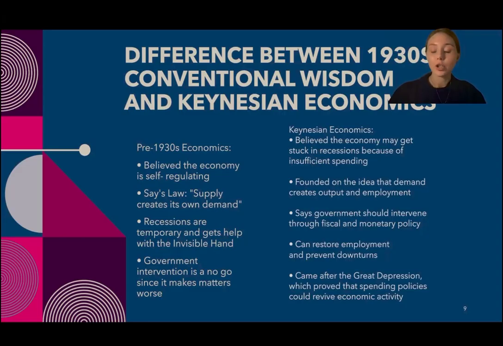Recessions are temporary, and the invisible hand would somehow restore a balance that was lost. But Keynesian economics, on the other hand, believes that the economy can get stuck in a recession due to low spending, and that government intervention can create demand and create jobs. So that would help a lot.